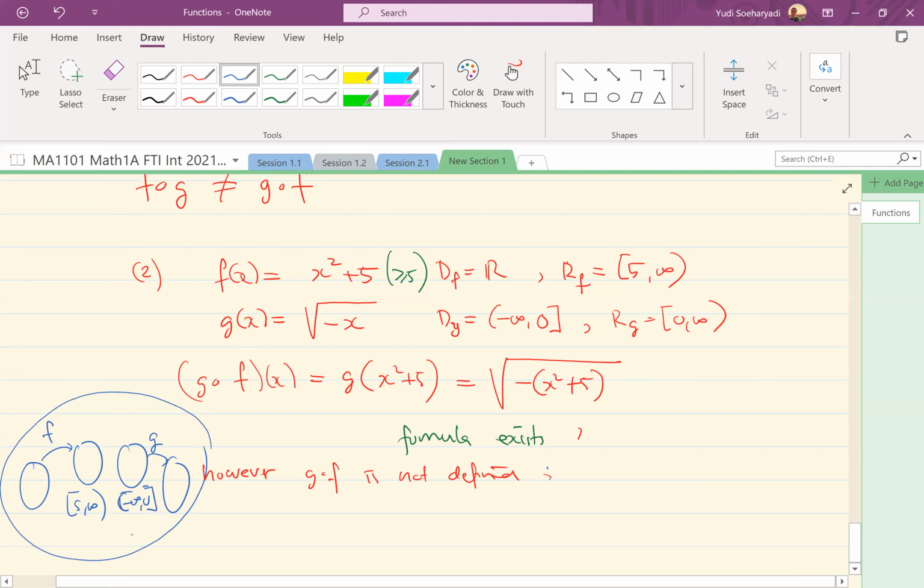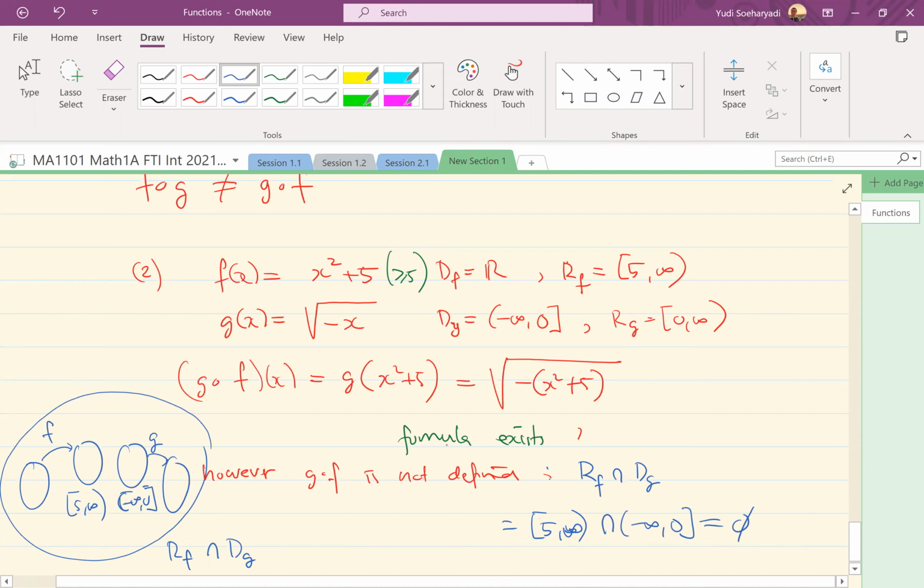The range of f intersect the domain of g is empty. So you see the formula exists, but the function itself is not defined.